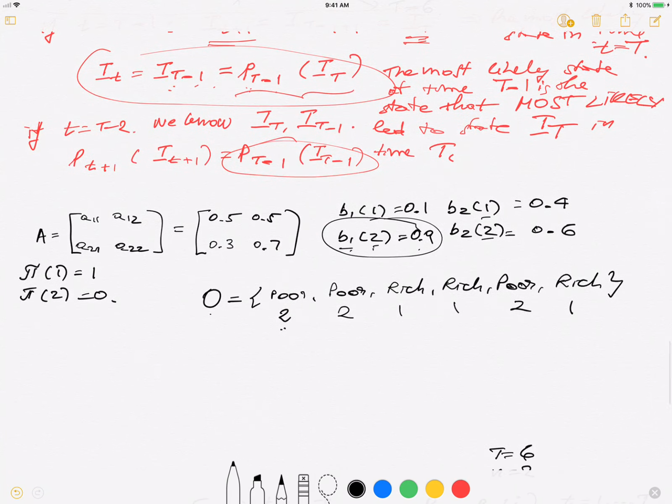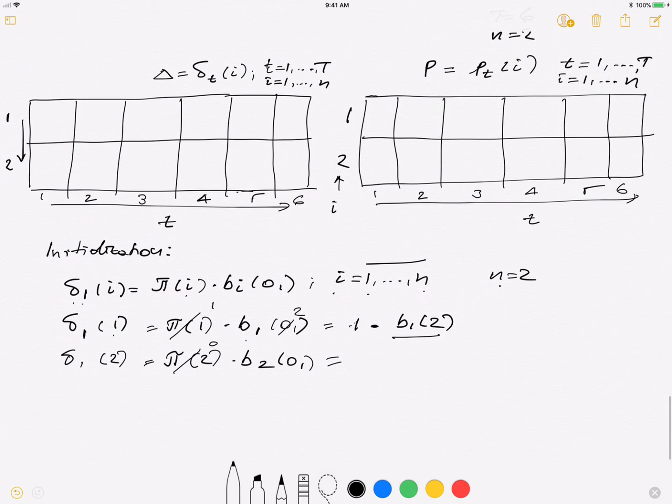So this would be equal to 0.9. Pi of 2 is 0, so this doesn't matter, and this value would be 0. So this gives me delta 1 of 1 and delta 1 of 2.